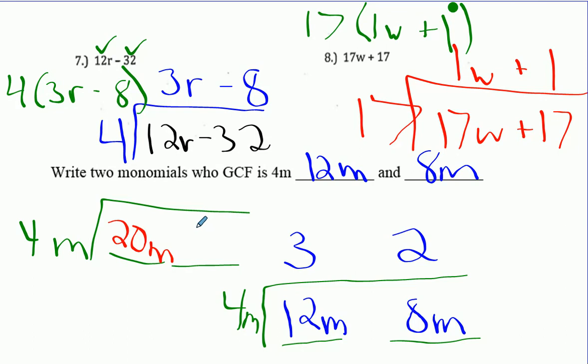Or 4. And then I'm going to actually add an extra letter in here. 4m. And let's put an n in there too, because technically they still have only 4 and m in common. If I take that out, it would be 5. And if I took it out of here, it would just be 1n. So that's another two that have just a GCF of 4m.